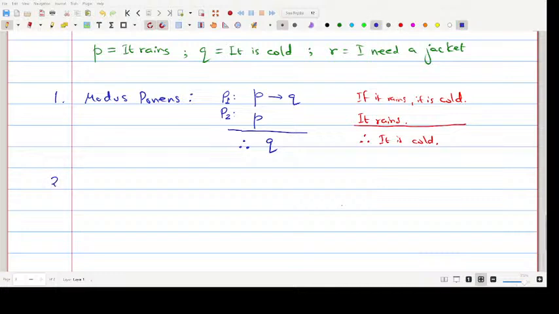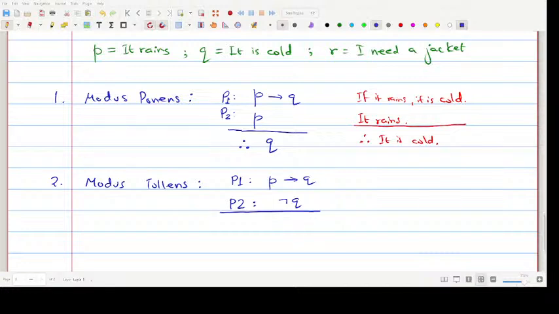Okay, let's move on to the next rule, that is modus tollens. Let's say that P1 is a premise as before: P implies Q. P2 is another premise, which is the negation of Q. So we have two premises here.